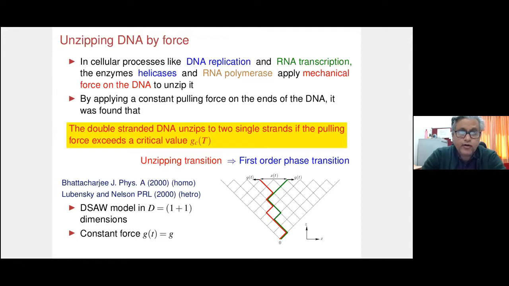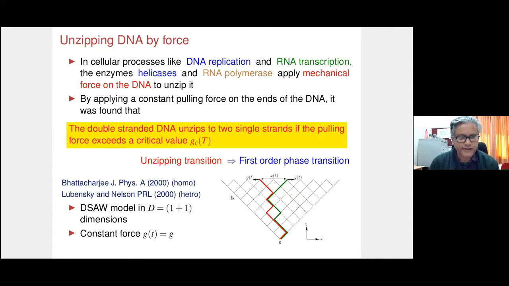By applying a constant pulling force on the ends of the DNA, it was found that the double-stranded DNA unzips to two single strands if the pulling force exceeds a critical value. This is known as an unzipping transition, and it is a first order phase transition.